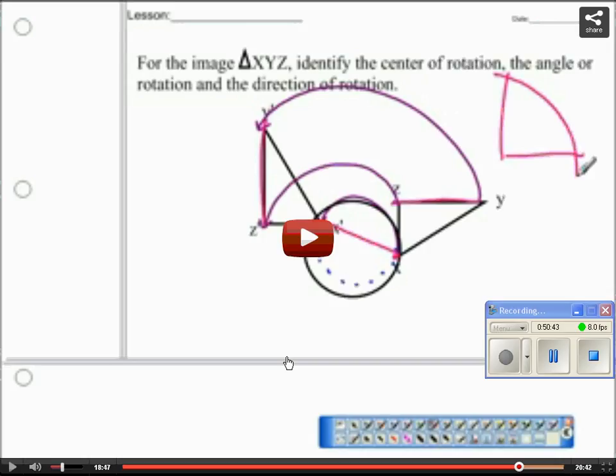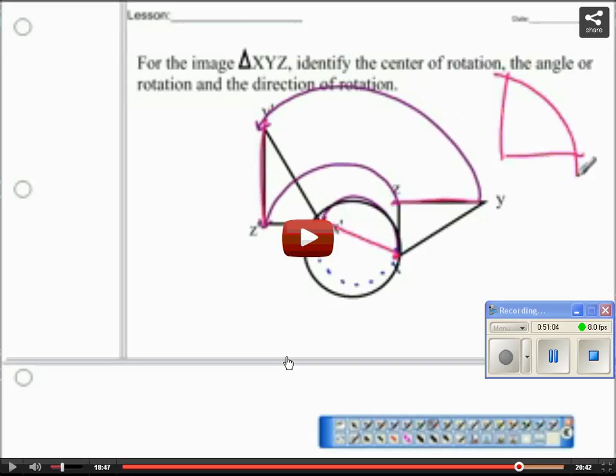Counterclockwise. And he's not going to figure out where the center of rotation is, but you sort of need to be able to see that the center of rotation is going to be somewhere in there, and it's rotating around that. And sort of the way you can figure it out, if this is, what is that, Z? I can't hardly see it.